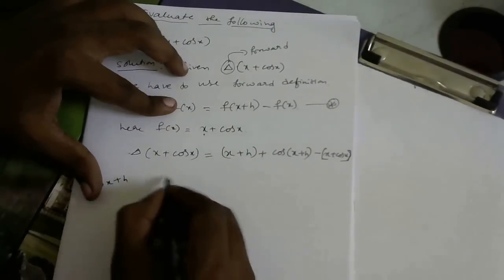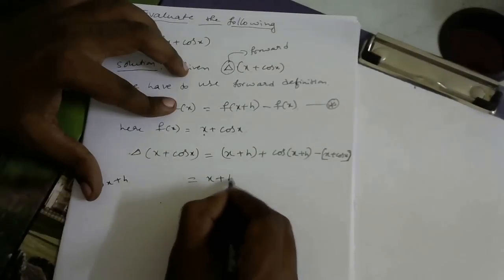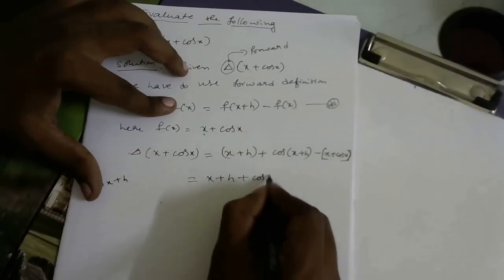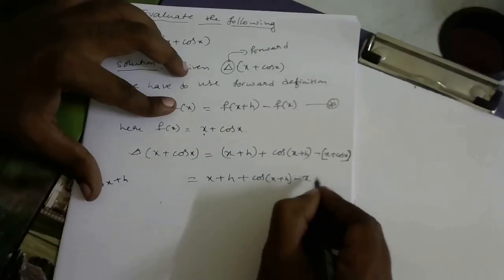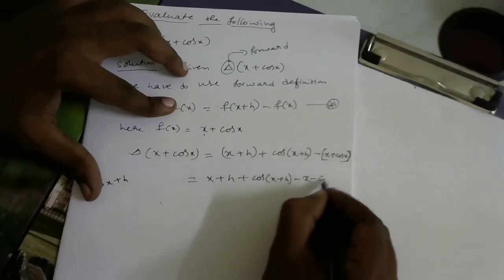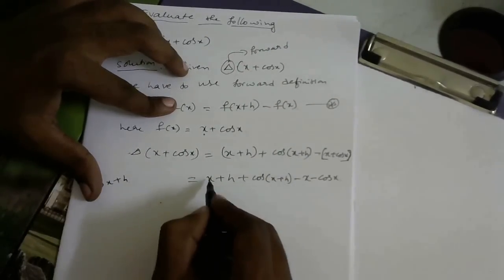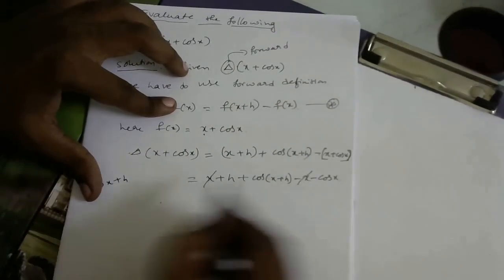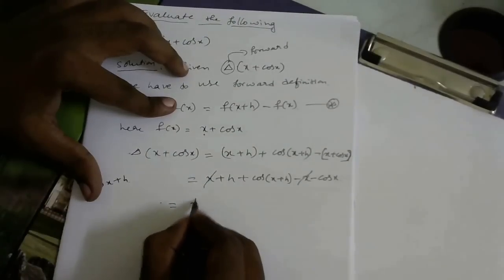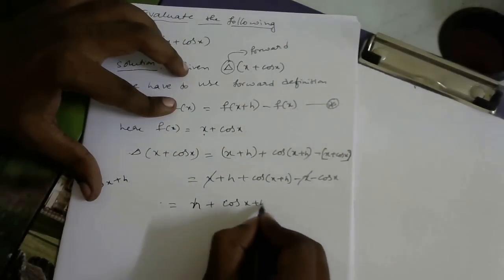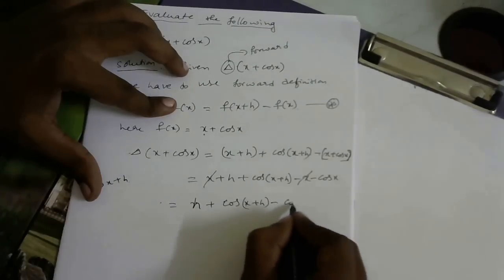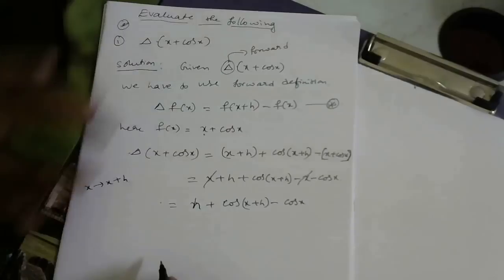Now simplify that. Plus x and minus x get cancelled. So you get h plus cos of x plus h minus cos x.